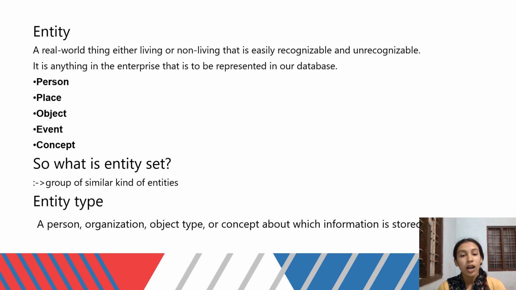So car 1, car 2, car 3 all form an entity set. Basically, an entity set is a group of similar kinds of entities, or a collection of similar kinds of entities. And entity type means a person or an organization, object type, or a concept about which information is stored. Or we can say that an entity and its attributes all form an entity type.